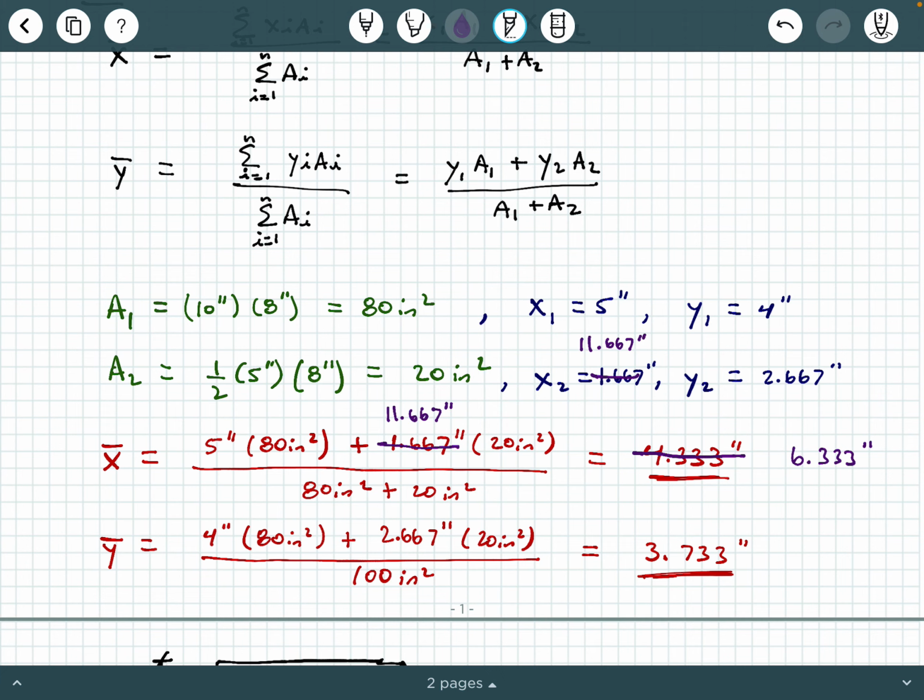Just to double check myself, I'll punch that in my calculator right now while we're recording the video. Times 20 divided by 100, and I do in fact get 3.733 inches.